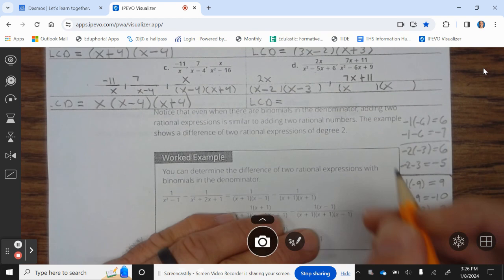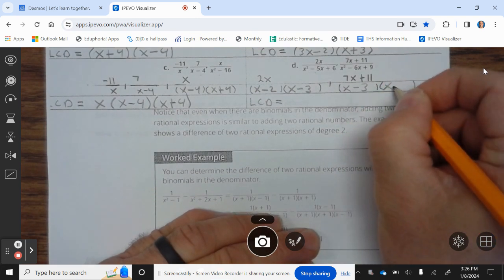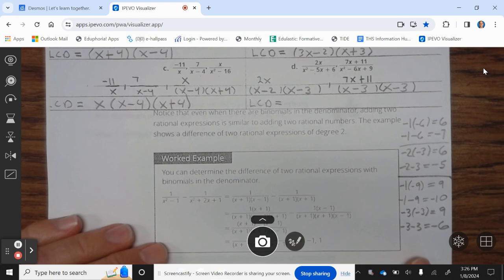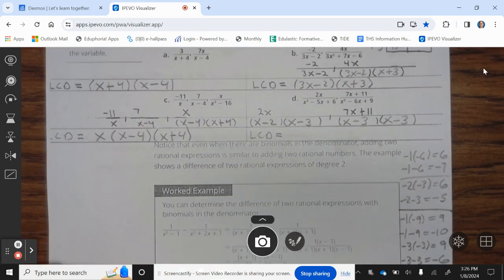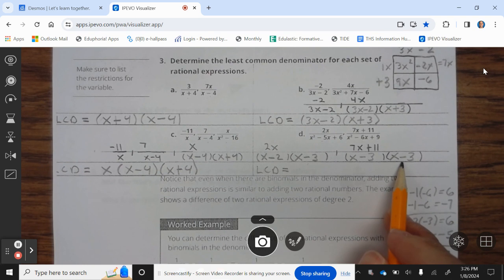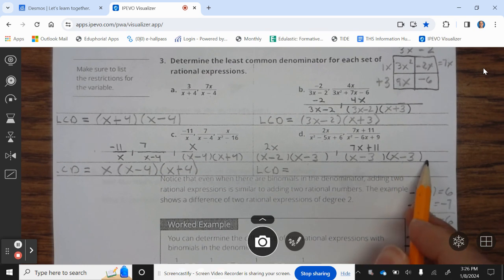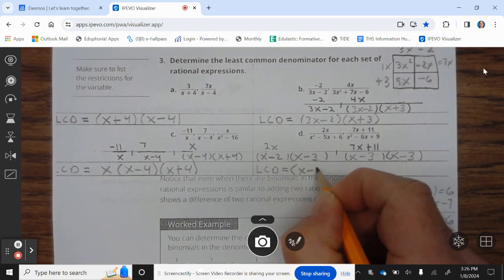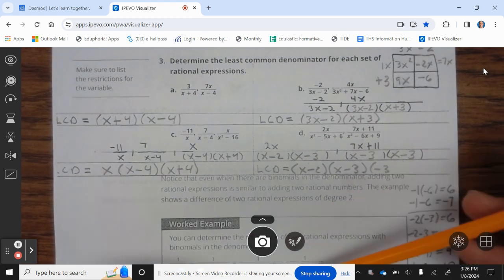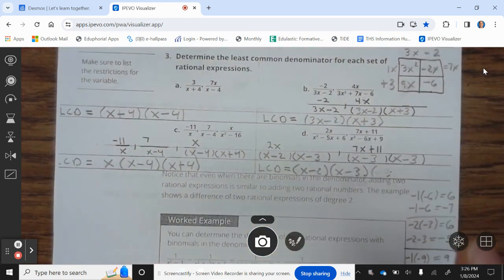That works. So our factors are x minus 3 and x minus 3. Now, this has x minus 2 and x minus 3, but it needs one more x minus 3. And then this needs x minus 2. So the LCD is x minus 2, x minus 3, x minus 3.